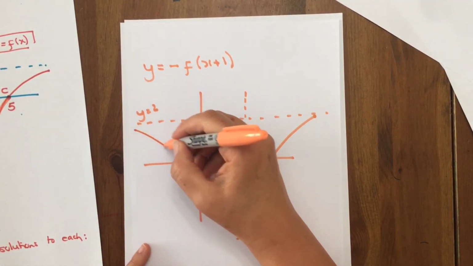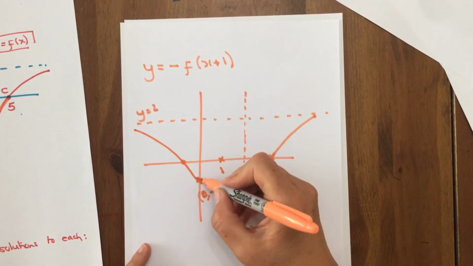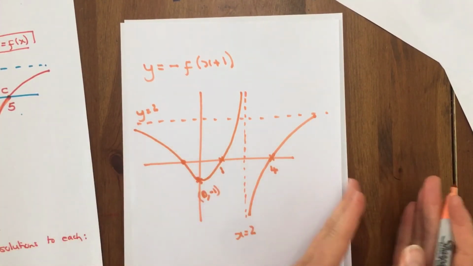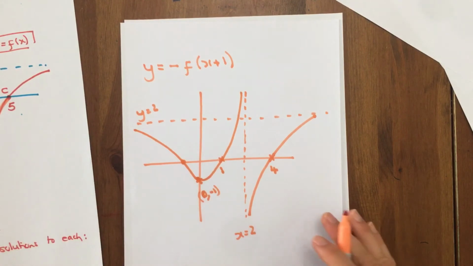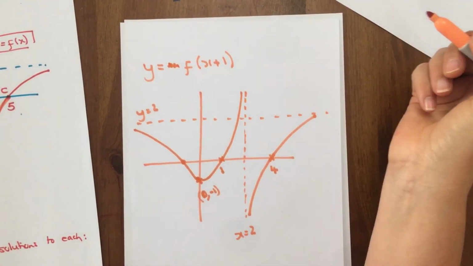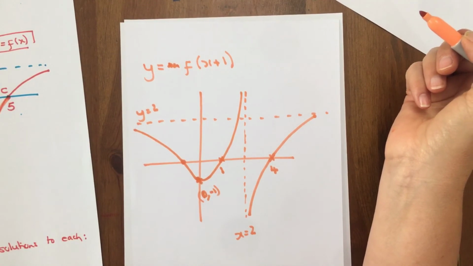So my shape of the graph will be exactly the same, it's just all moved 1 to the left. Okay, so I've just sketched y equals f of x plus 1.